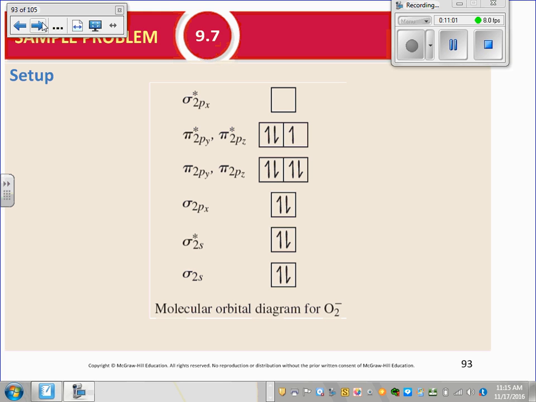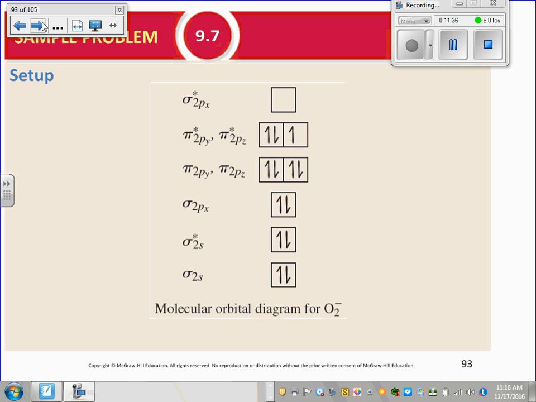Bonding minus antibonding divided by 2. How many bonding electrons? 8. How many antibonding? 5. Okay, higher math. 8 minus 5 divided by 2 is 1.5.